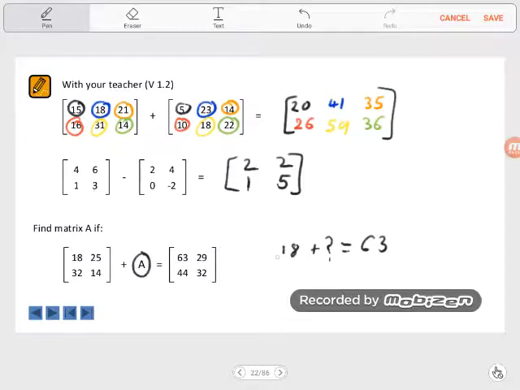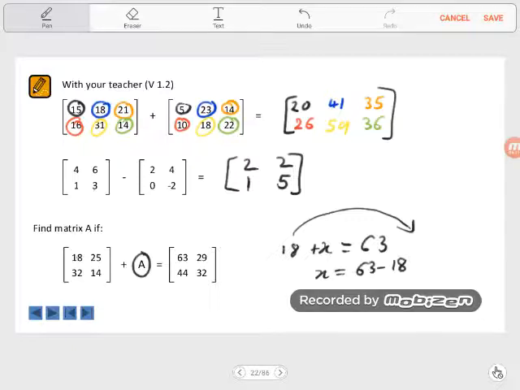What number would you need to add to 18 to make it into 63? Well, a little bit of algebra here. Rather than calling that something, we'll call it x, an unknown. You would remember from your studies of algebra we want to make x the subject of this equation, so we take that 18 over and it becomes a negative 18. So x equals 63 take 18.